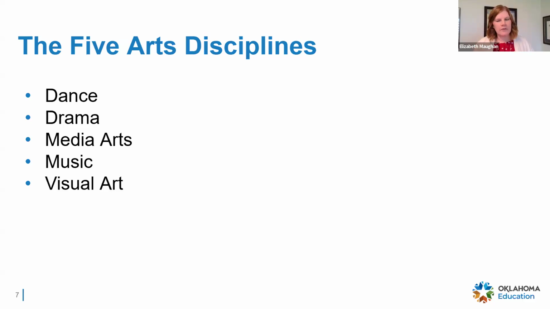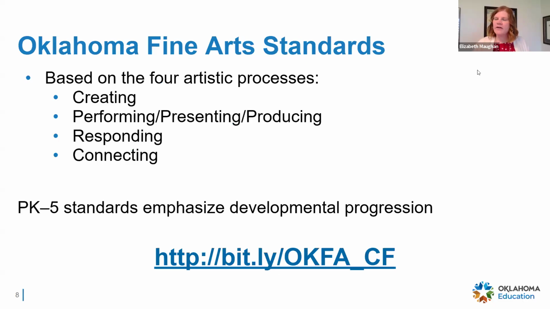Then music, which you're probably familiar with, choir, orchestra in some situations, band, all those different types of things. And then visual art, which there's a lot of different specifics in visual art, drawing, painting, ceramics, all the things, right? Jewelry making. Okay, so we have those 5 areas, and then within the standards, when you're looking at them, we have 4 artistic processes that go across all the subject areas.